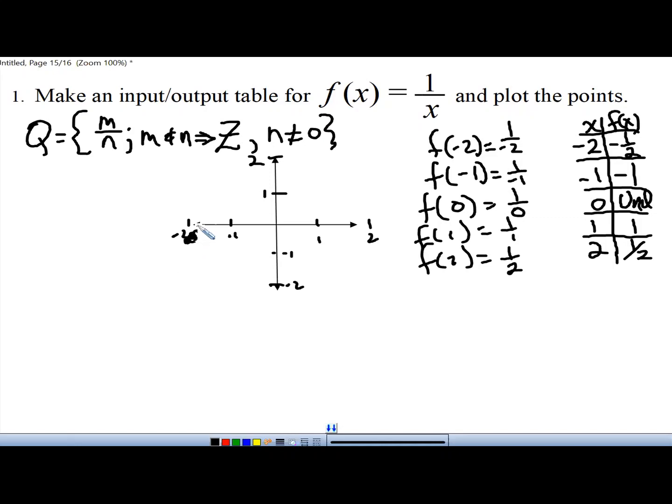My goodness, what's up with my pen? Sorry, hold on, let me erase this. Okay, let me try this again. All right, -2, -1/2 is right there. There it is. -1, -1. Undefined, that means at 0, we're not going to plot anything. 1, 1 is right there. And 2, 1/2, which is right there.